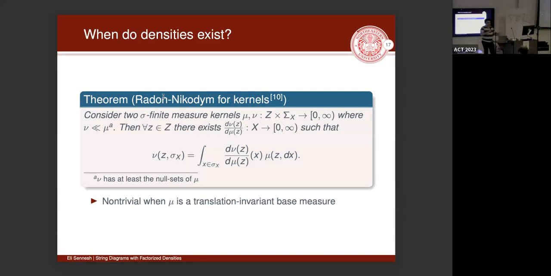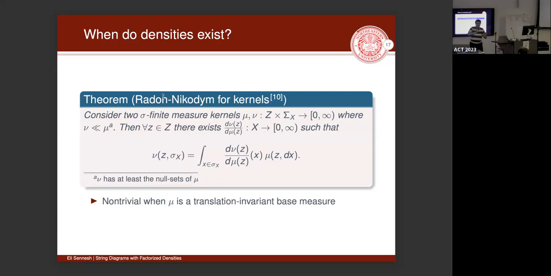And then we can say that at every parameter there's going to exist a Radon-Nikodym derivative, quote unquote, or simply a density function, which can be evaluated pointwise over the codomain, and its integral over a measurable set, when we take that integral by integrating with respect to the base measure mu, will give us the measure kernel nu.